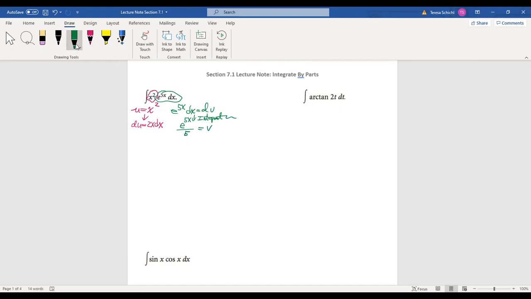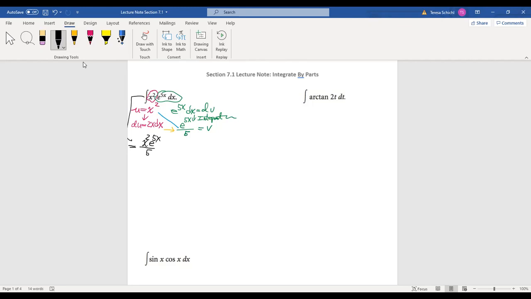Now we can do uv minus integral of v du, right? Let's write it out to see what happens. So uv is x squared e to the 5x over 5.